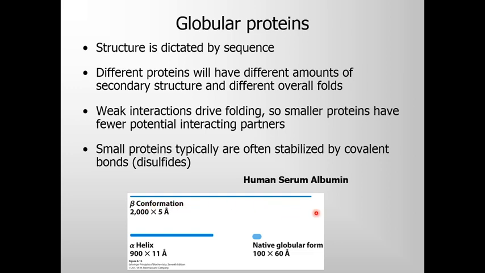It's such a long protein, right? Alpha helix is shorter than the beta conformation, but still longer than the native globular form. Now, this native globular form happens to be the most stable form of human serum albumin. And that is one of the reasons why globular proteins tend to fold.